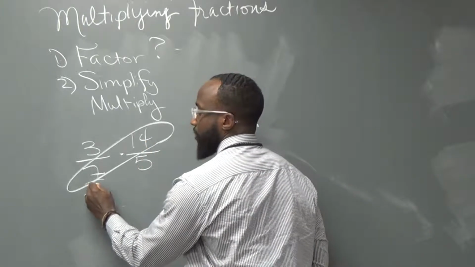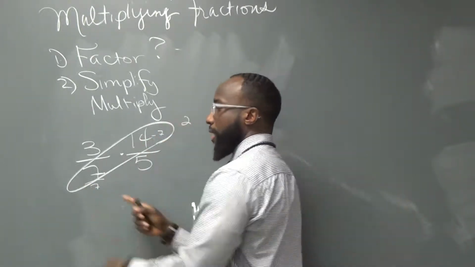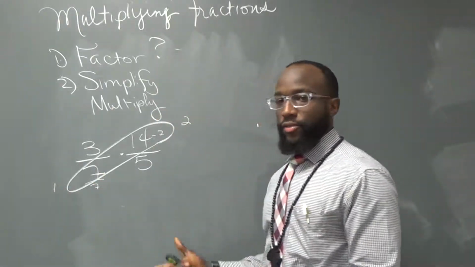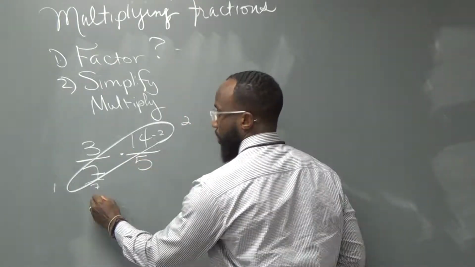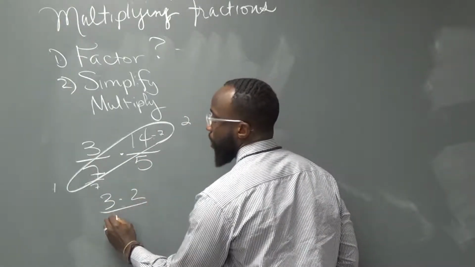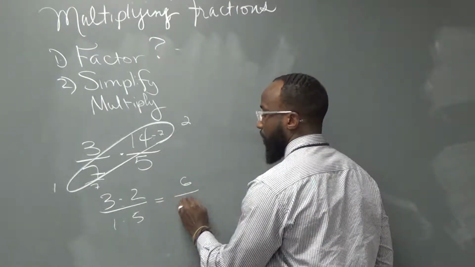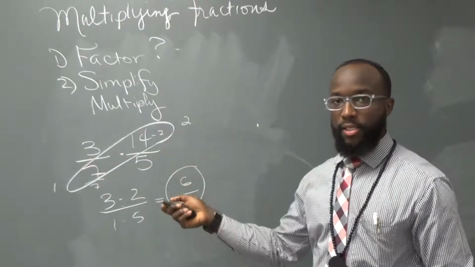So you can divide 7 from both of these and change 14 to be 2, and change 7 over 7 to be 1. What you've done is created an equivalent fraction. So then you end up with 3 times 2 over 1 times 5, and your solution is 6 over 5. That's the simplifying part.